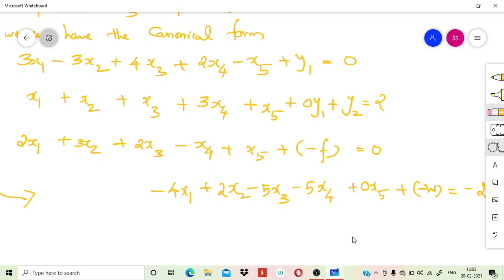So this is our canonical form. Now in the next step we will initiate phase 1 of the two-phase simplex method.